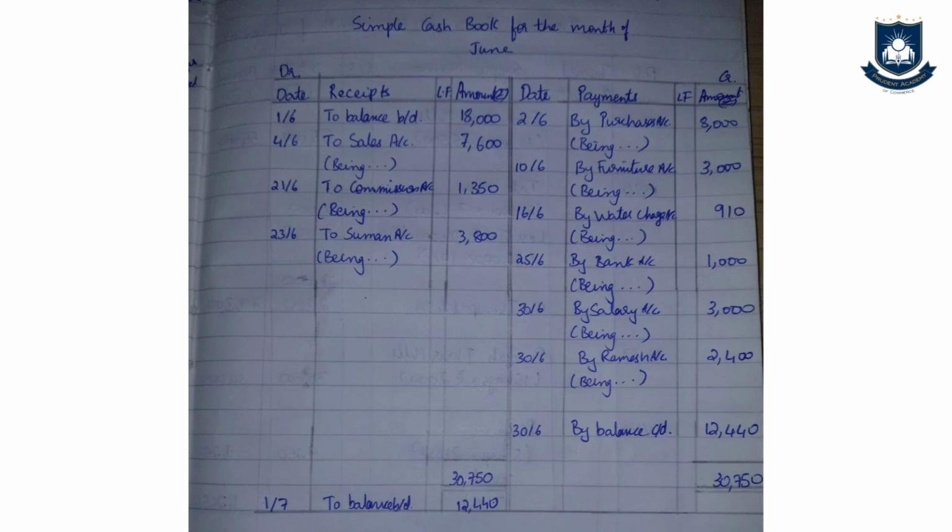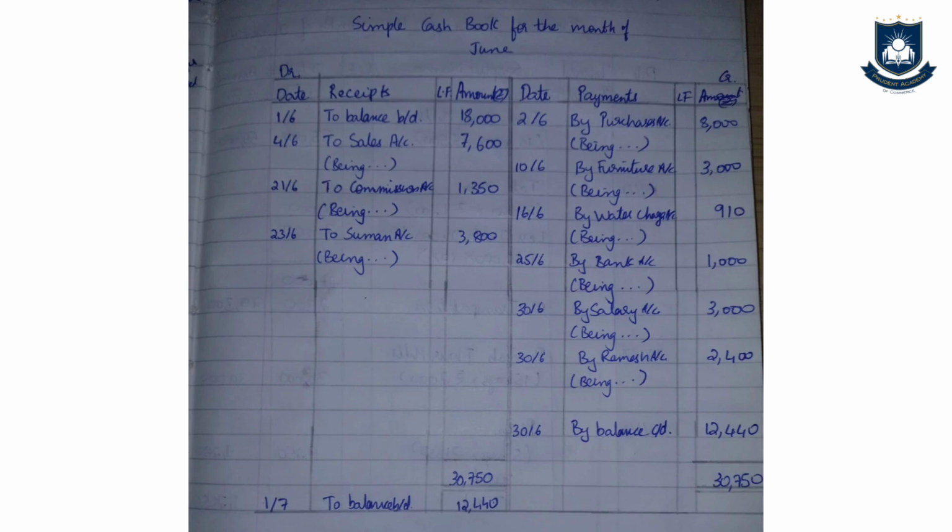The journal entry will be bank account debit to cash account, and we'll be writing it on the payment side by bank account being ... Now listen, in your two-column cash book, for such kind of transactions in the LF column you will be writing C, contra, but since this is a single column cash book and not a double column cash book, you will not be writing the word C for this kind of transaction. However, I doubt that they'll test this kind of transaction.